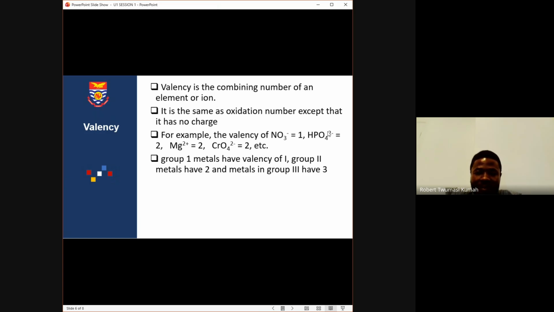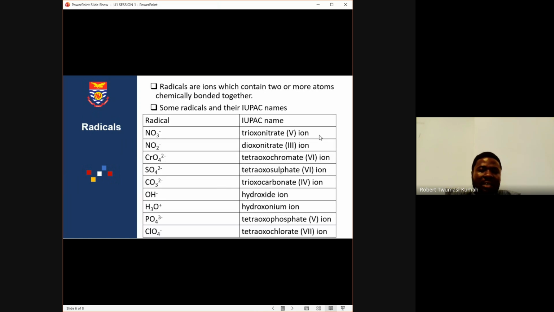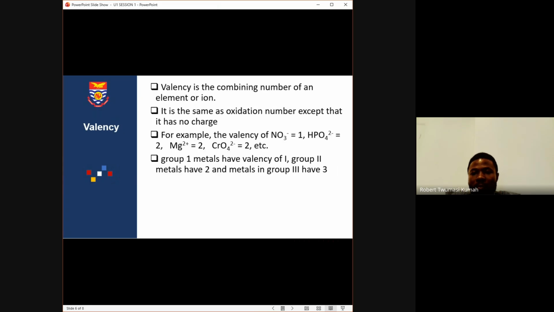We can't just put some part away, it is the whole of the group, and it should be charged for it to become a radical. So if we look at the examples here, all of them are charged species. So we are treating the whole thing as a radical.